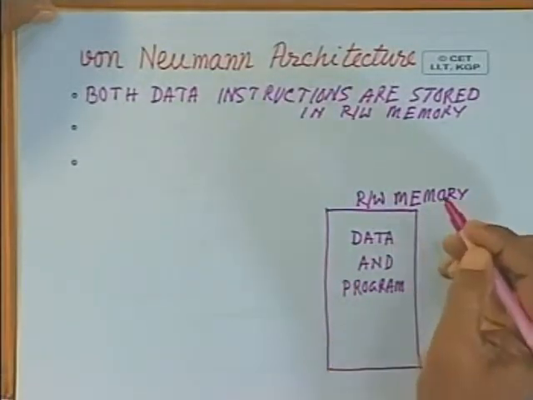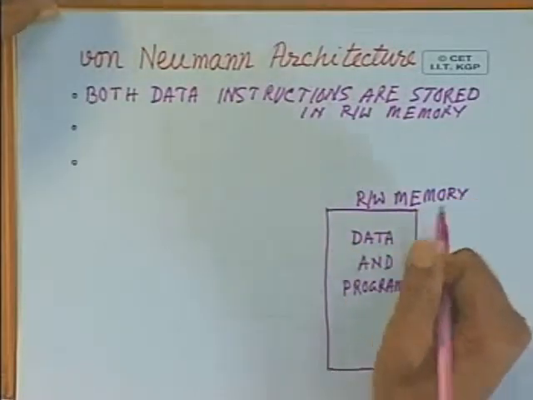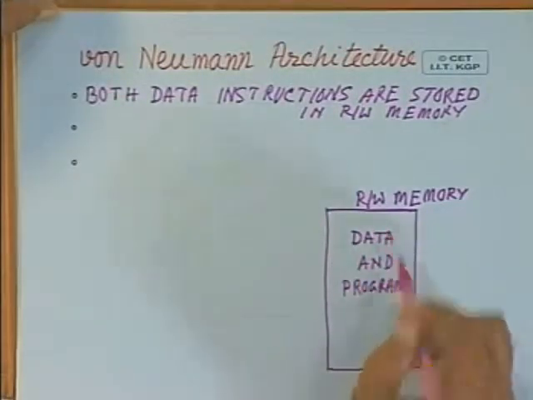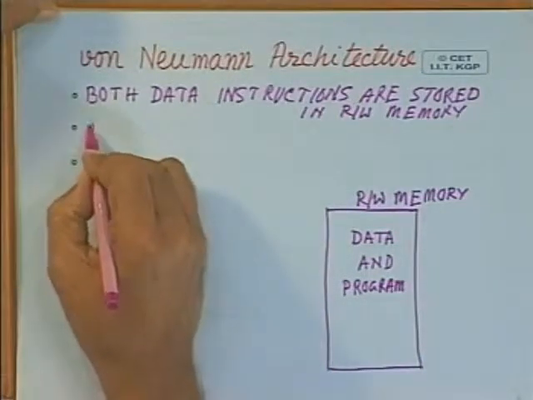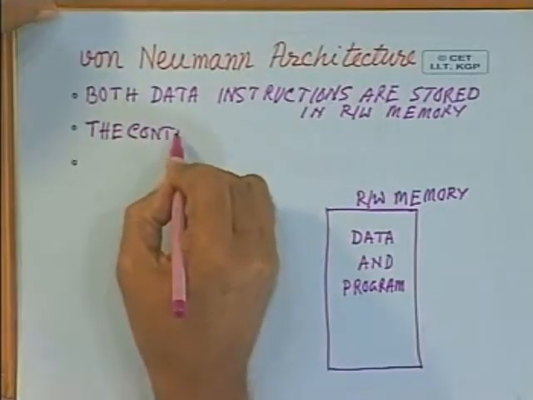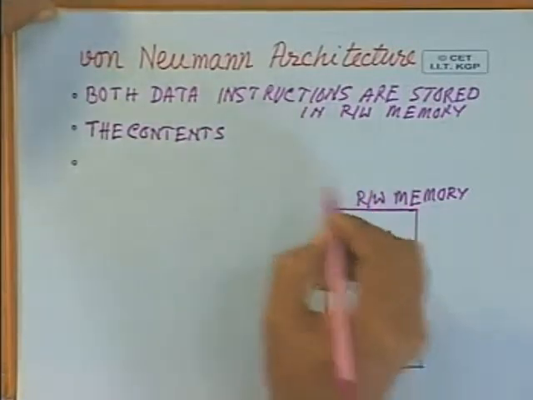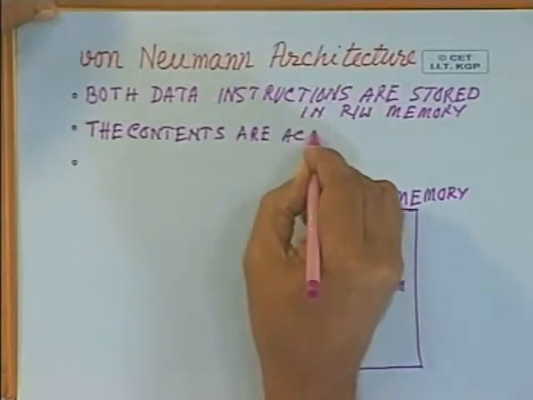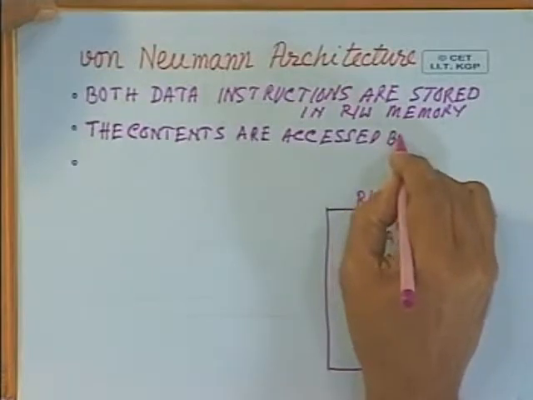A program, as we shall see, is nothing but a set of instructions, and both data and programs are stored in read-write memory, and the contents of this read-write memory are accessed by location.